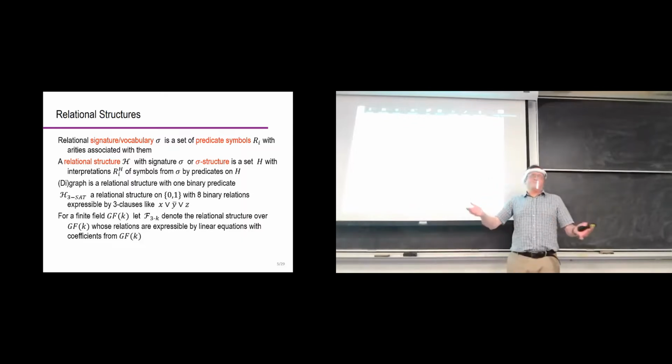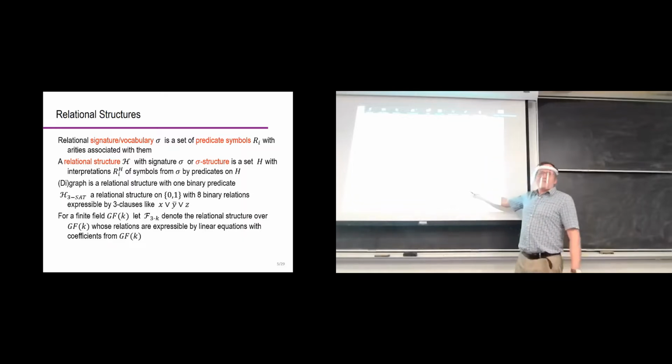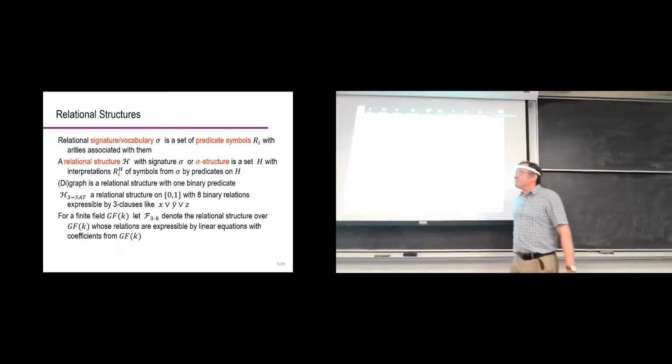If we think in terms of linear algebra, those relations would be hyperplanes. The 3 here corresponds to linear equations having exactly 3 variables in them, so the number of non-zero coefficients should be 3 or less. And k, of course, corresponds to the size of the field.